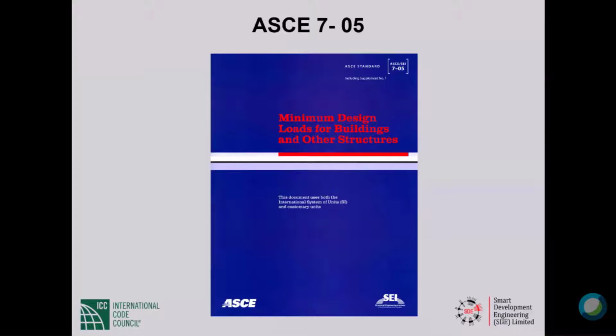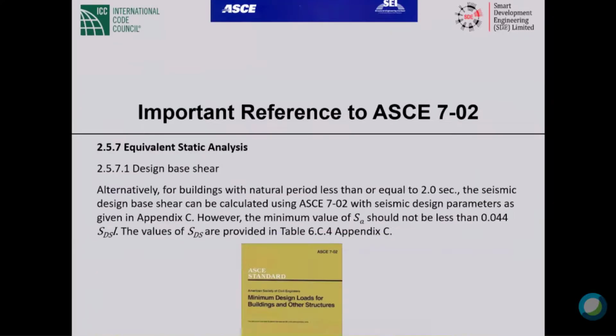This is the standard titled Minimum Design Loads for Buildings and Other Structures, issued by the American Society of Civil Engineers. This is used in the United States as the basis of our codes. It is used in many, many parts of the world. The significant thing is the '05 edition of the standard forms the basis of the seismic provisions of BNBC 2020. That is because the code was substantially complete in 2010, that long ago. So the reference standards are kind of old by now.